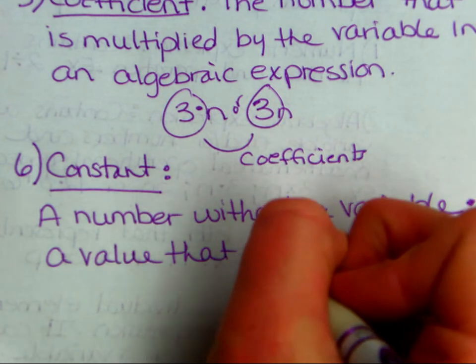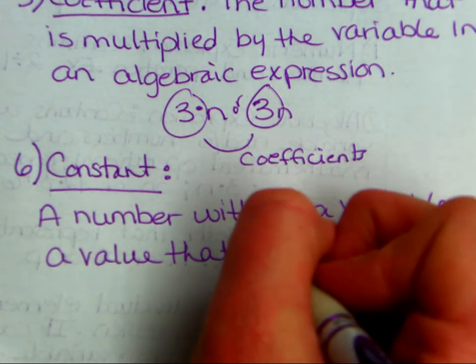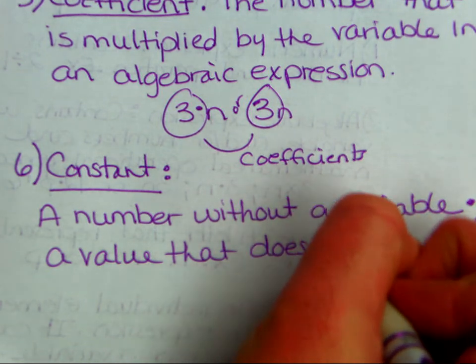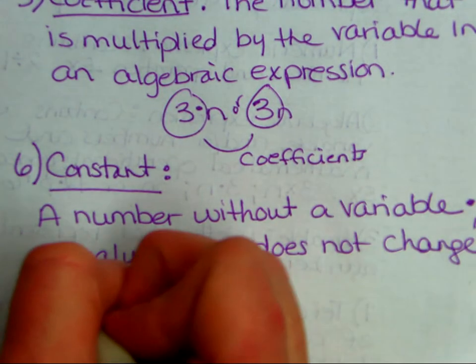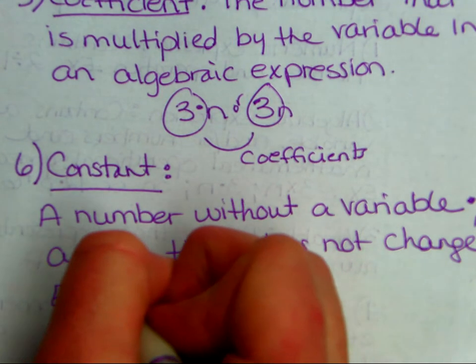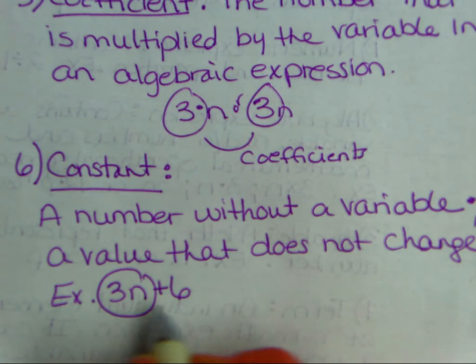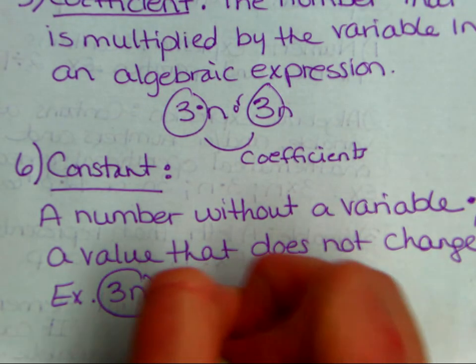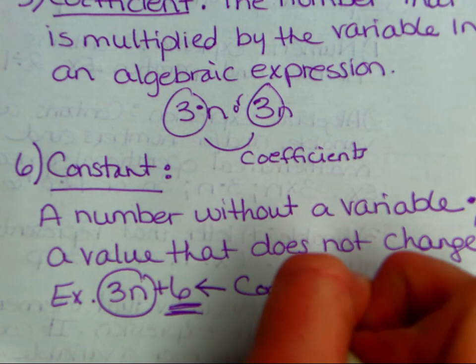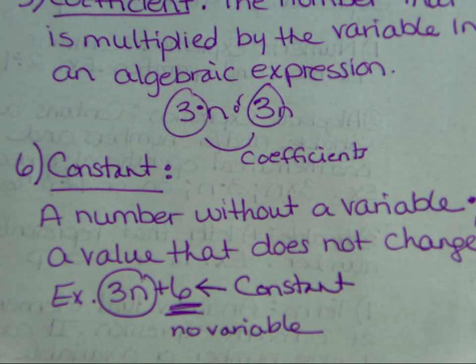A variable will change depending on what value we give it, but a constant doesn't change. So for example, if we had 3 times n plus 6, this would change because it has a variable. But this right here, this doesn't change. This is your constant. Notice it doesn't have a variable. That's your constant.